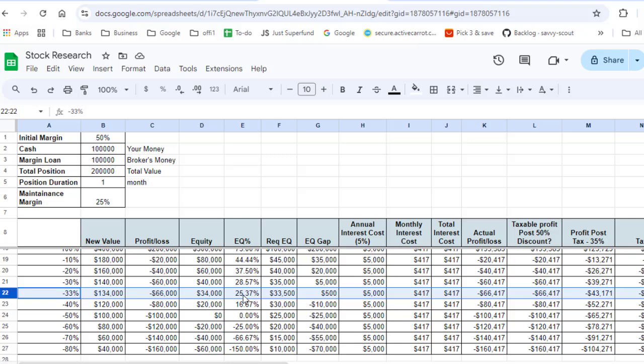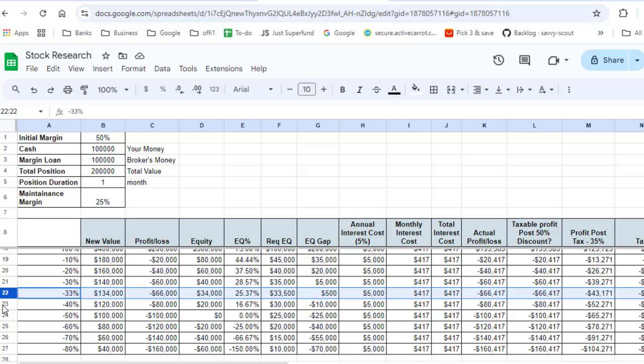And when the margin call is invoked, you need to provide some cash, deposit the funds. And how much you need to deposit is given by this column. Over here, you don't need to deposit any money because you have maintained the margin above 25%.